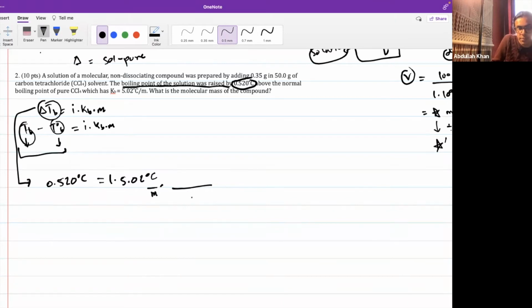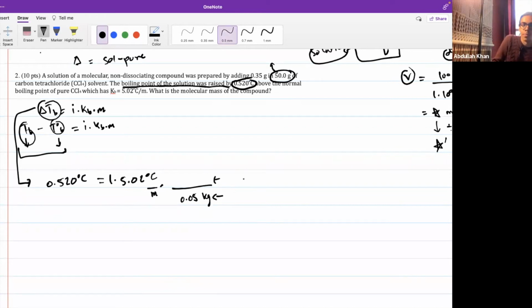So I'm just going to put a fraction so we can input data for the molality. Remember, molality is moles per kilograms of solvent. What goes on the bottom here? 0.05. Good, because our solvent is carbon tetrachloride. Its mass is 50 grams, but we want to convert this into kilograms, which gives you 0.05 kilograms. Awesome.